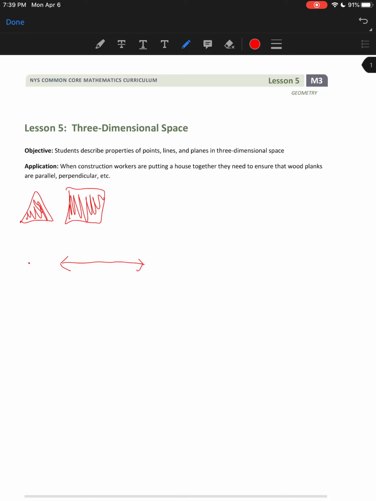It can only go either this way, right, or that way. And you can imagine if you were somehow walking on a line, you could not go over here or over here. You're just stuck along this one series of points. So it is one-dimensional.